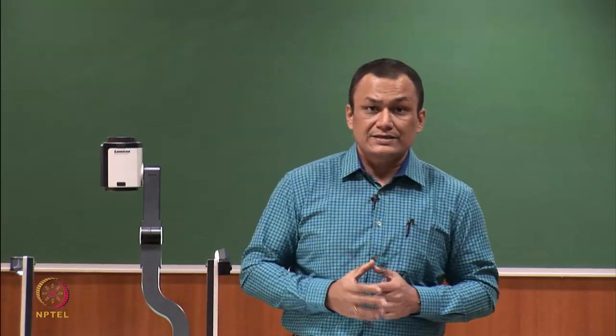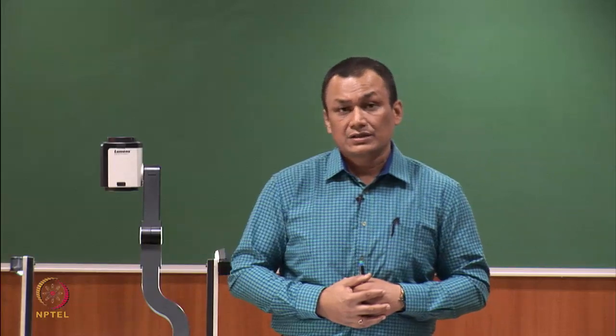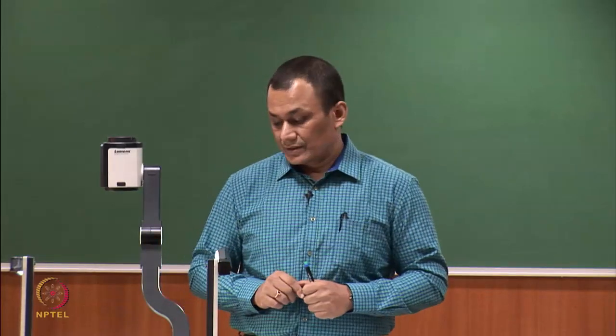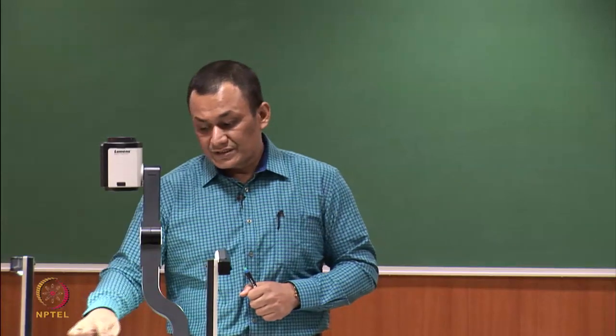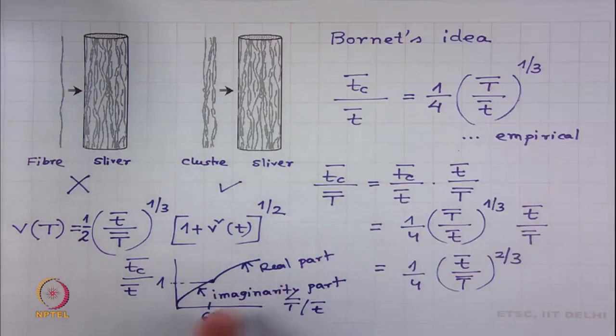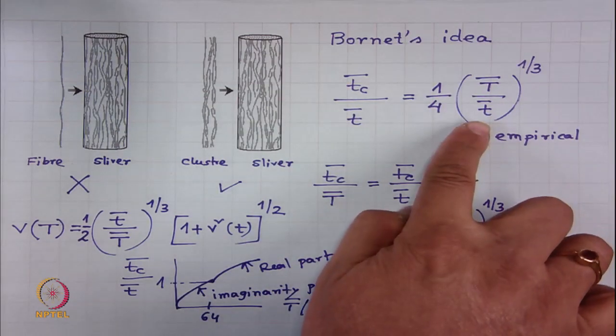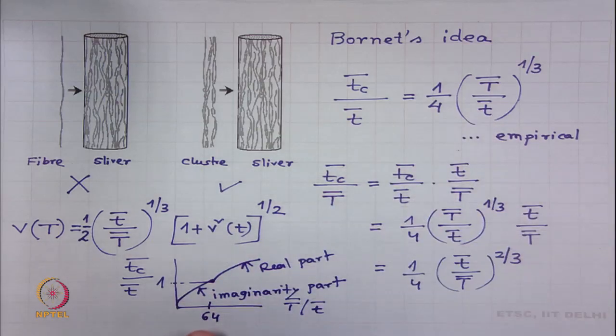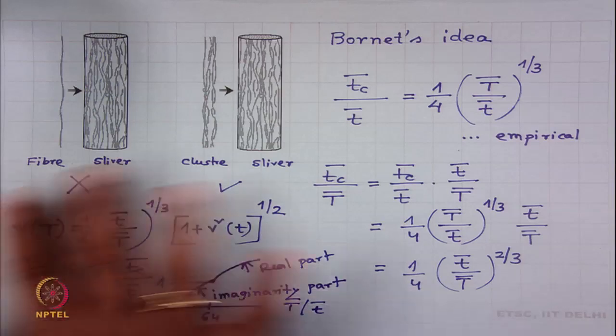If a yarn has fewer than 64 fibers in the cross section, then this expression cannot be used, because it does not define the case when the number of fibers is less than 64. If it is more than 64, you can use this expression.